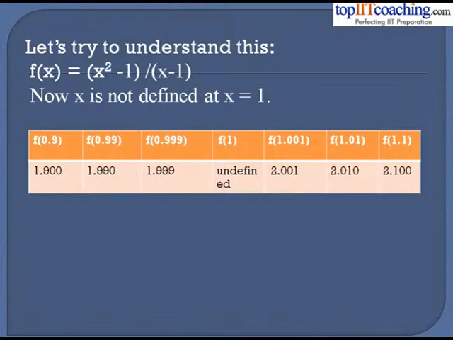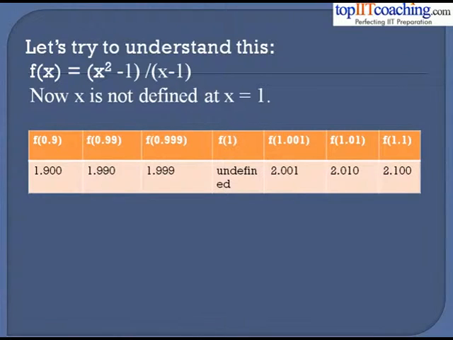If I take x equal to 0.99, that is closer than 0.9, the value of f(x) is equal to 1.990. If I take x equal to 0.999, that is very much close to 1, then the value of f(x) is equal to 1.999. At x equal to 1, it is undefined.